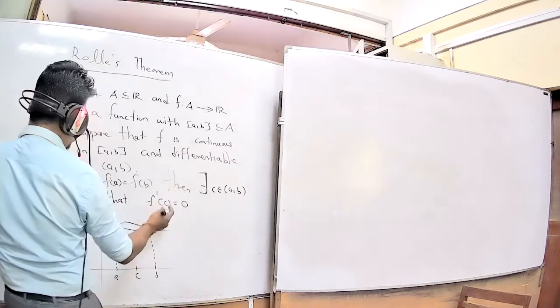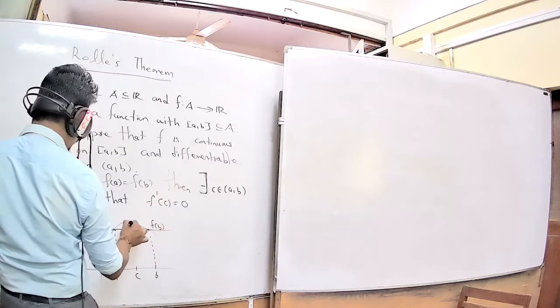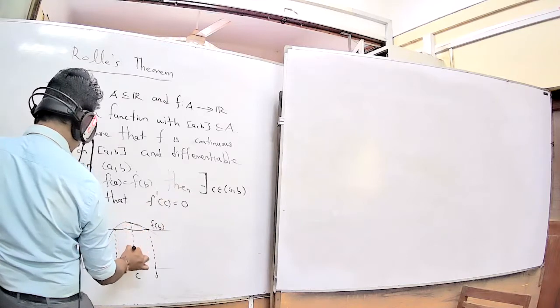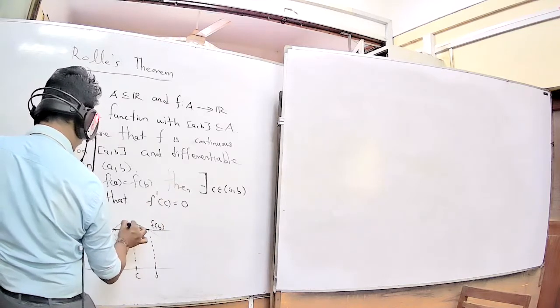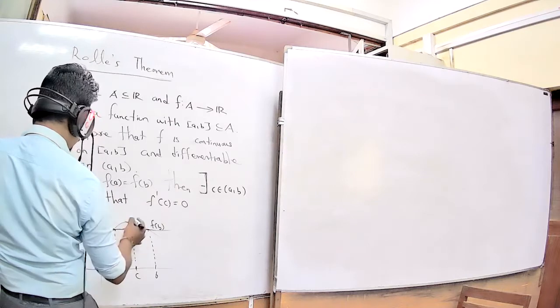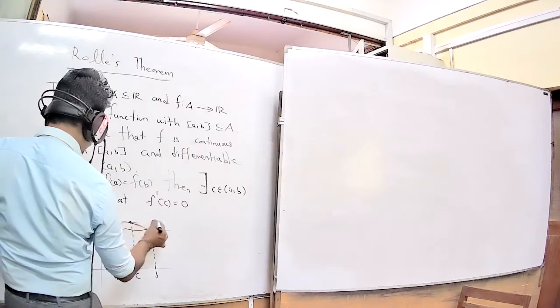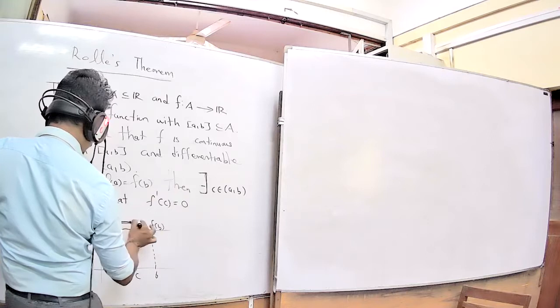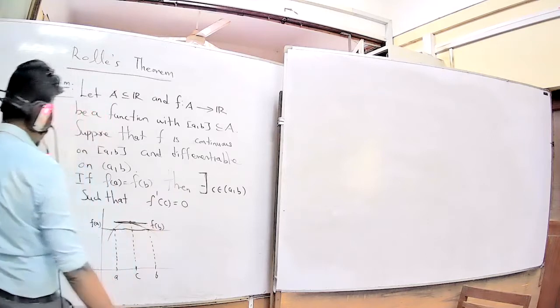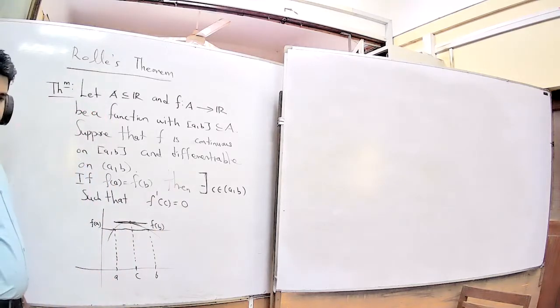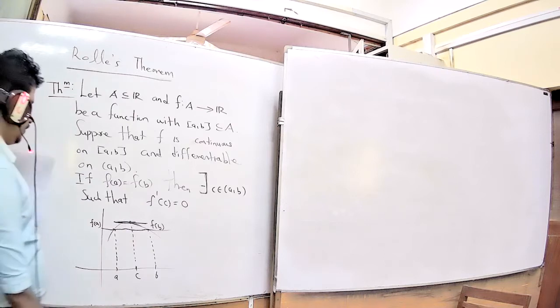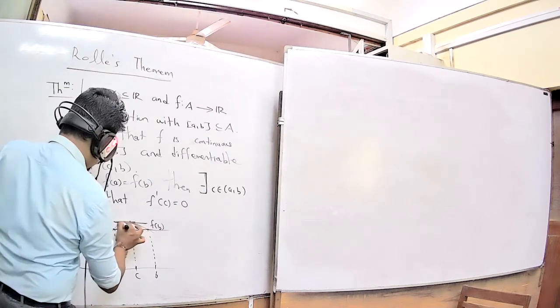This is a tangent, no? f dash means tangent. At that point c, what is the tangent? It is 0. Understand? This tangent is 0.